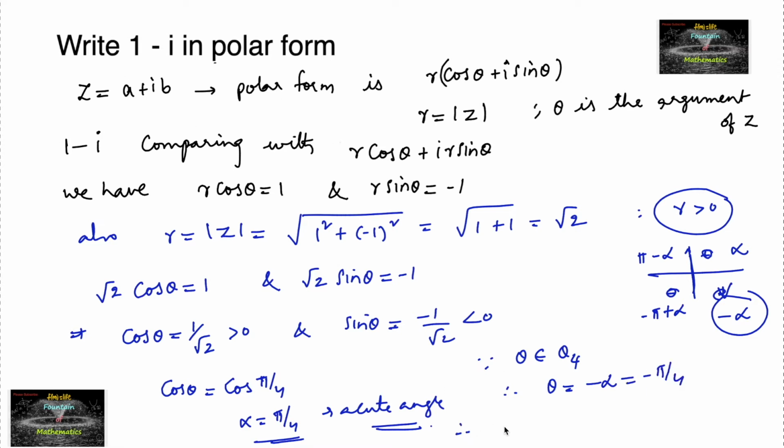Therefore 1 minus i we can write as r cos theta, r is root 2, of cos of minus pi by 4 plus i sin of minus pi by 4.